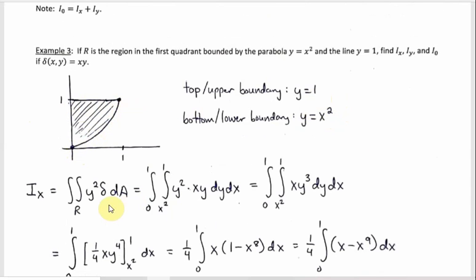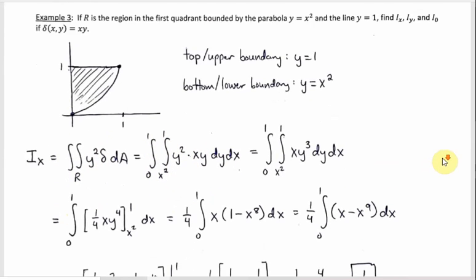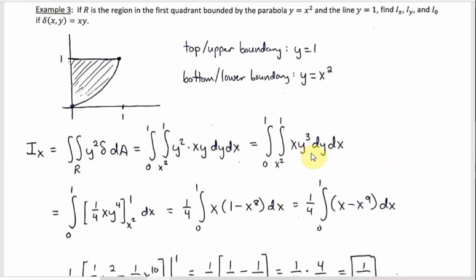All right, if we're going to get I sub x, the moment of inertia about the x-axis, then we're going to integrate y squared times delta. So there's y squared, there's delta, the xy. And I did it in the order dy dx. So I've got x squared on the bottom, 1 on top, and the x values are going from 0 to 1. The integration here is not too bad.